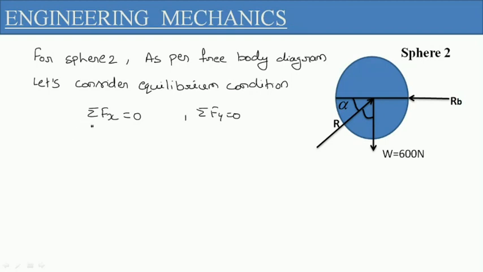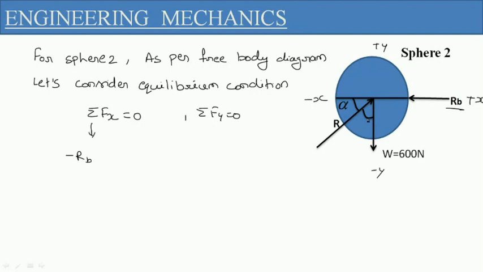For summation of Fx equals 0, we have to define all the forces acting in x direction. The first force you can see here is RB, which is acting in minus x direction. This direction is minus x, this direction is positive x, this direction is positive y, and this is negative y. So RB is acting in negative x direction, so it will be minus RB.